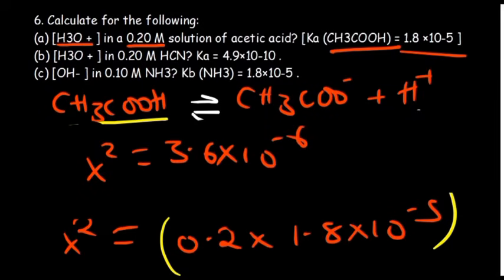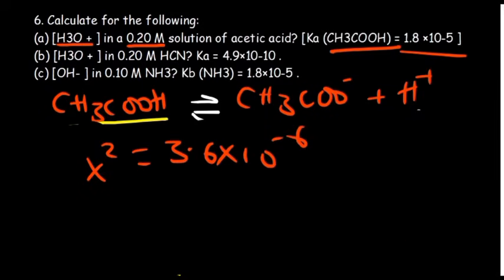Finding the square root of that, we have 1.9 as our value of x. In this case, 1.9 by 10 to the power negative 3. So that is our value of x.